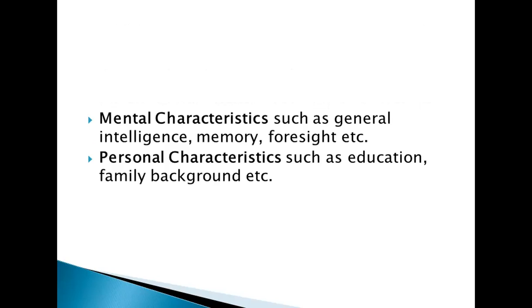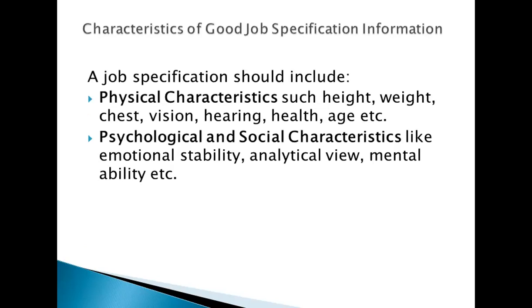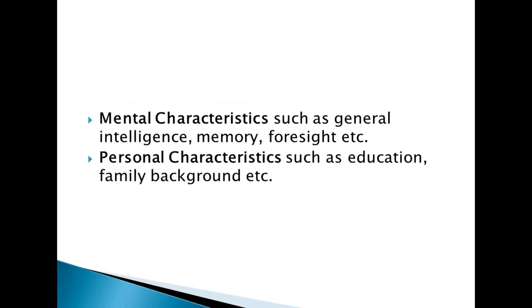Then personal characteristics such as education, family background. So these are the important characteristics of a good job specification. One, physical characteristics like height, weight, chest, vision, etc. Second, psychological and social characteristics. Third, mental characteristics. Then personal characteristics such as education, family background, etc.